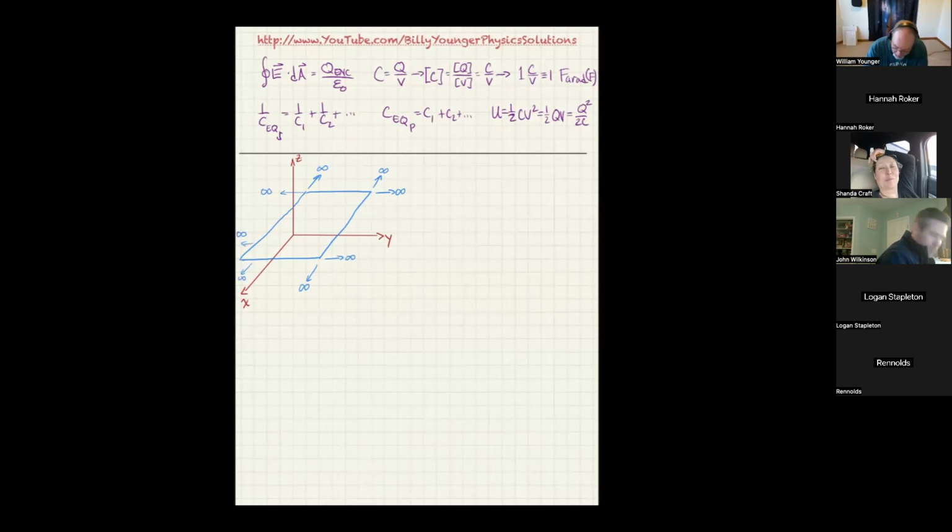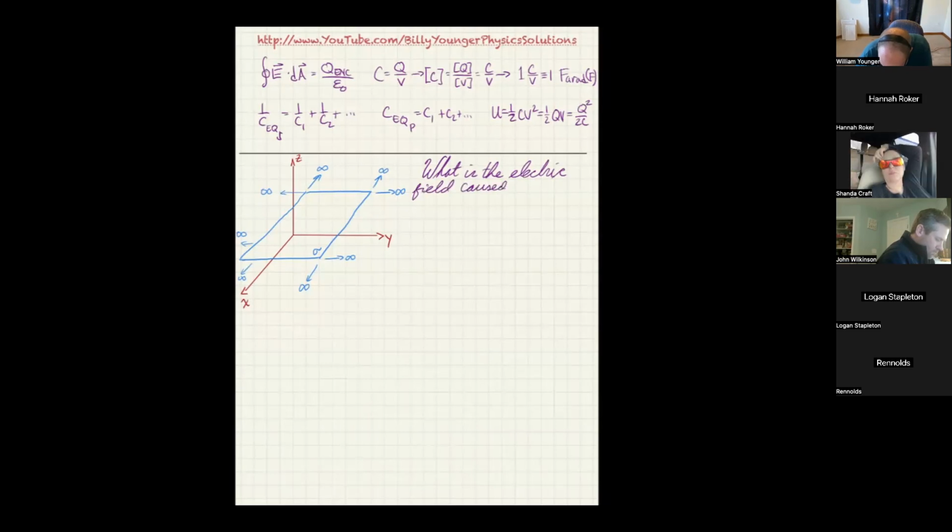I'm going to say that this particular plate has a uniformly distributed charge, sigma. So what we're asking here is what is the electric field caused by a uniformly charged infinite plate.